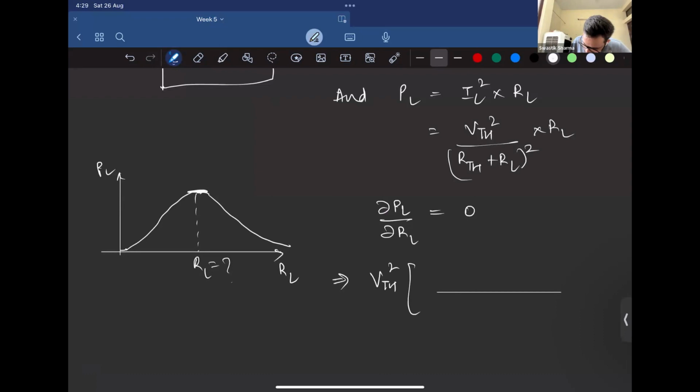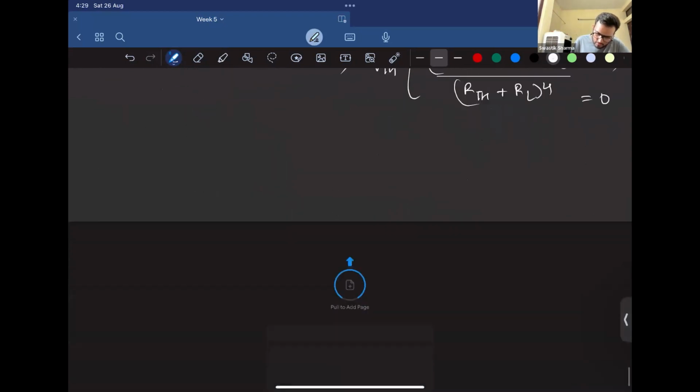So it's numerator square, right? Denominator squared would be RTH plus RL to the power 4. And firstly, RL, RTH plus RL whole square minus RL, and then RTH is nothing but 2RL, RTH plus RL into 1, right? And equated to 0.